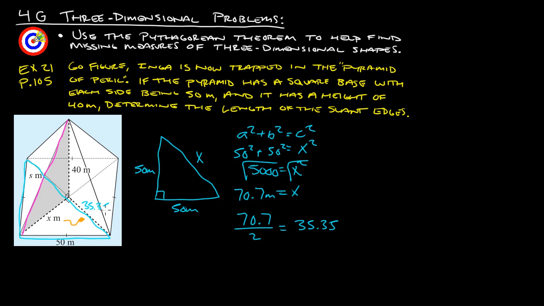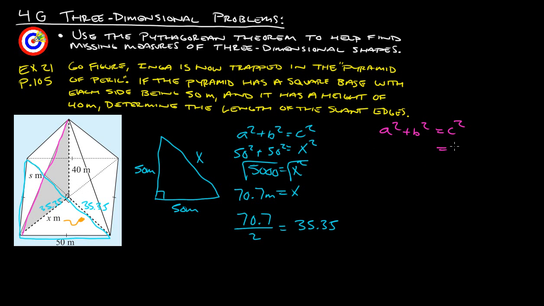So we now know that these here are 35.35 and this here is 35.35. Now that we know that this is 35.35 and this is 40, now we can figure out what that slant length is there. Alright, so to figure out that slant length, a squared plus b squared equals c squared.